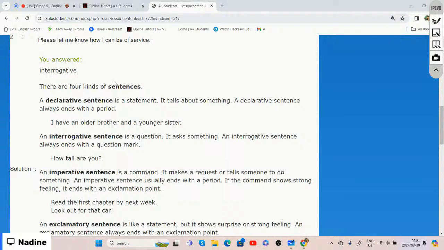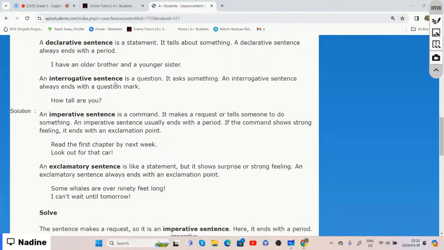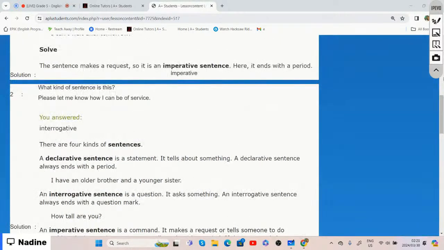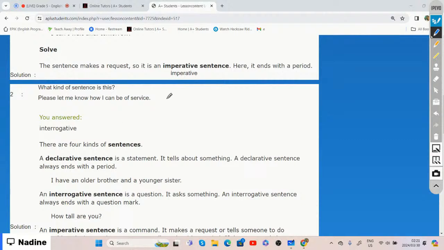All right, so we can then say this is an imperative sentence.